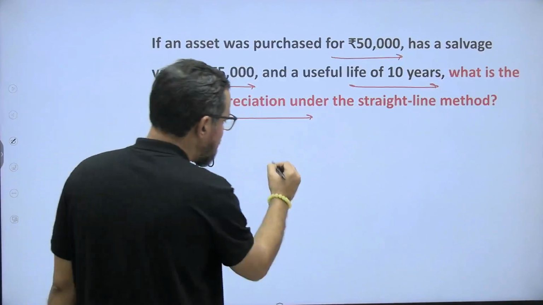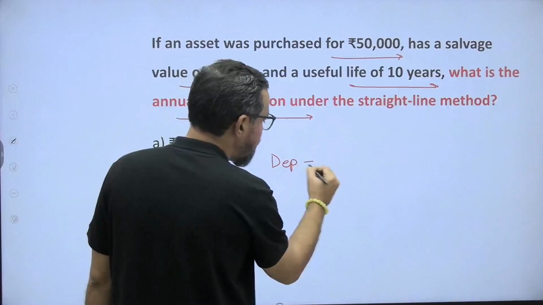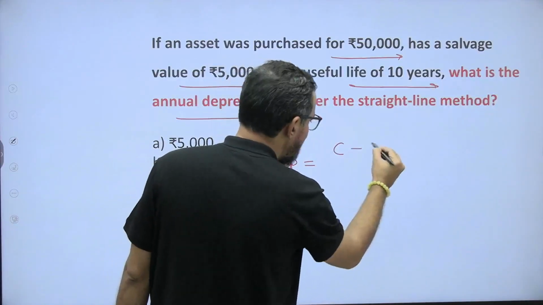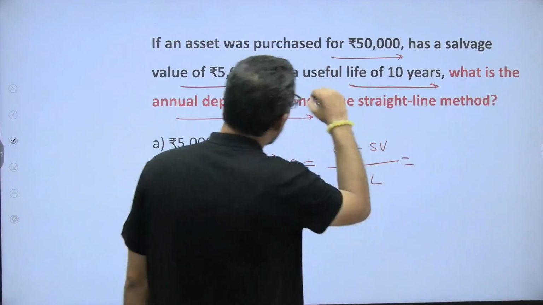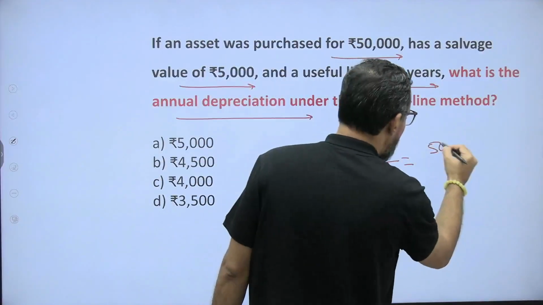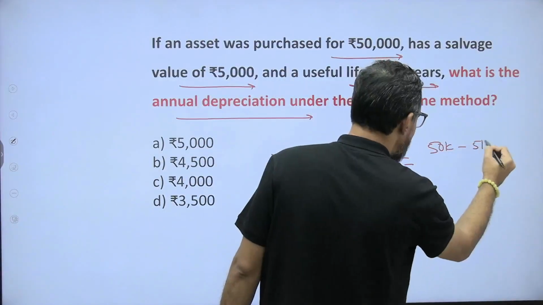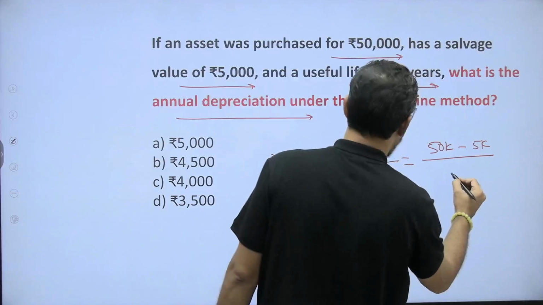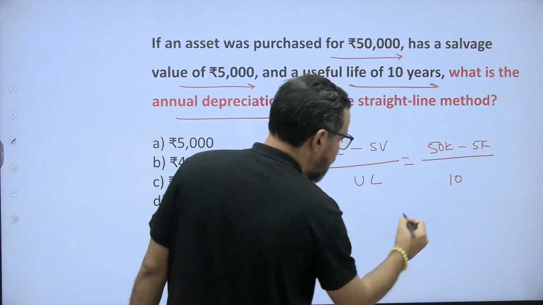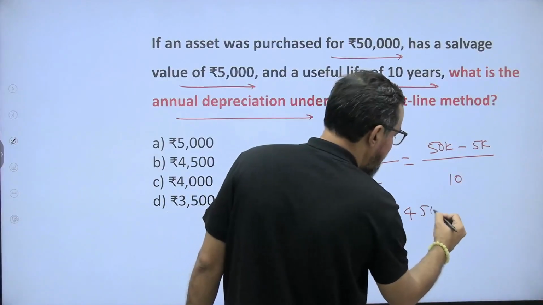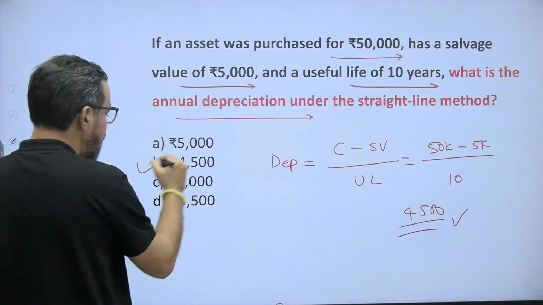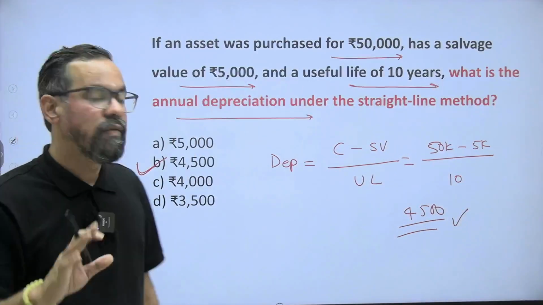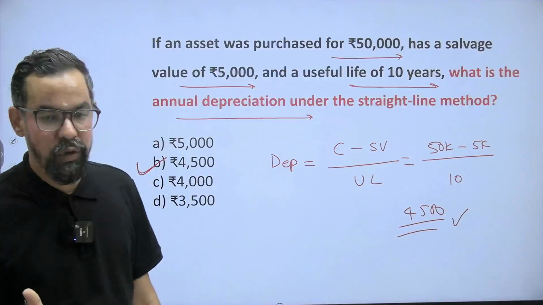Depreciation is equal to cost minus salvage value divided by useful life. So cost is 50,000 minus 5,000 salvage value, divided by 10. That means 4,500 will be your correct answer. So the depreciation will be charged with the amount of 4,500.